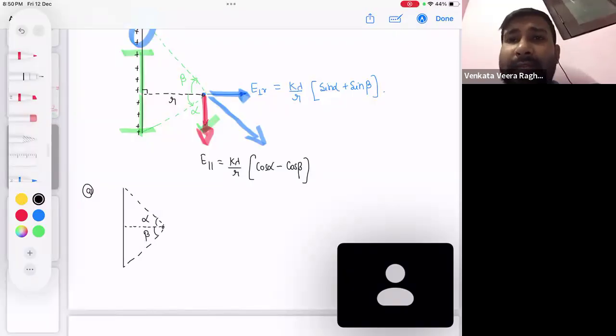Can you tell me which component only will come? So here, can I say we have only one component, that is perpendicular to the wire. How much is that?